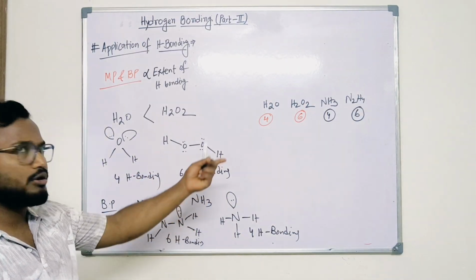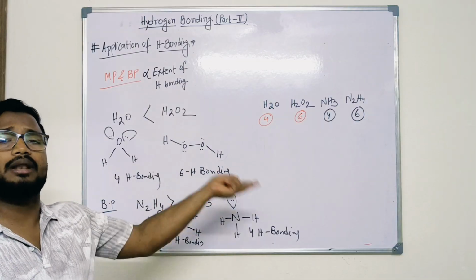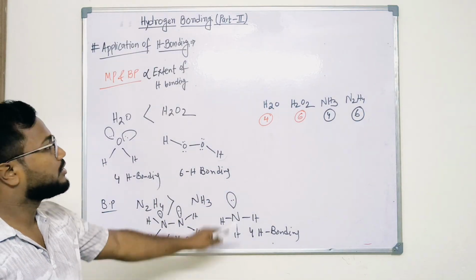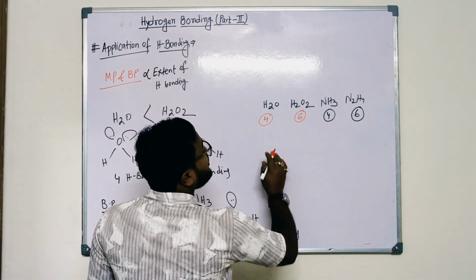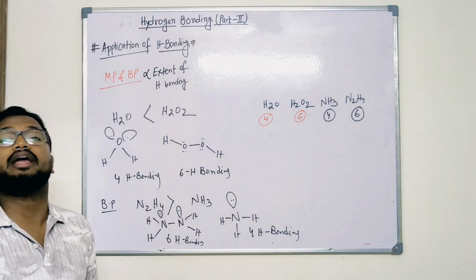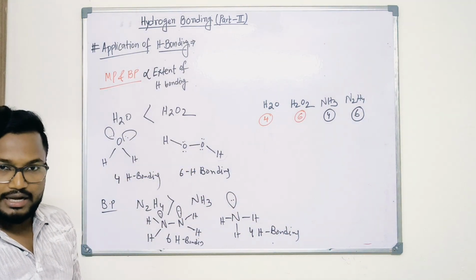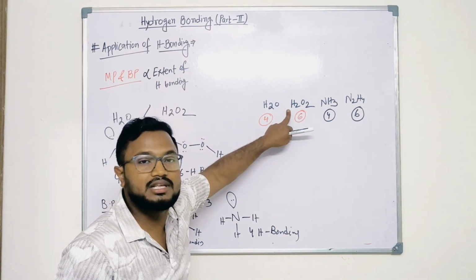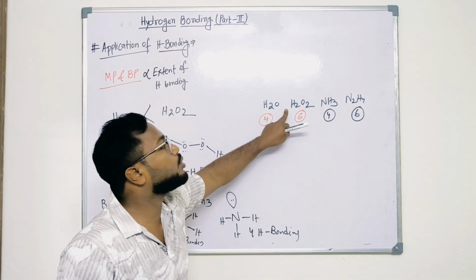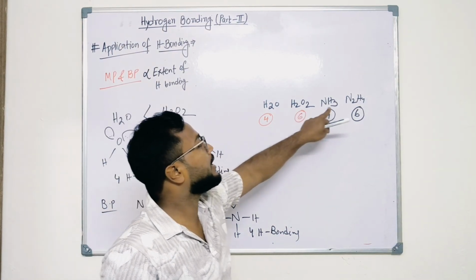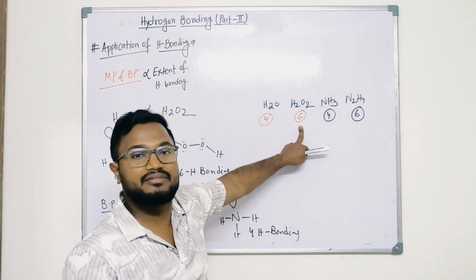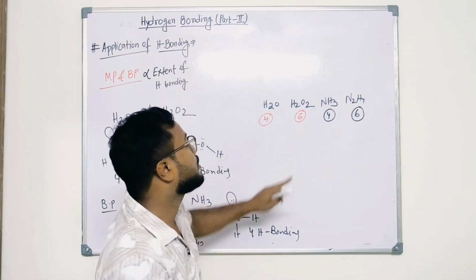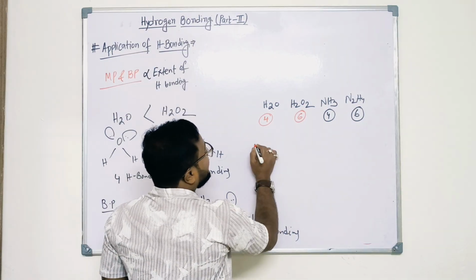Extent of hydrogen bonding you already have checked. You have counted how many hydrogen bonding is happening in the molecules. How can you answer this question? Let's see. In case of this, check the electronegativity difference in between the atoms. Here 2 oxygens are there. Here 2 oxygens are there. Here 2 nitrogens are there. As a result, oxygen is going to have highest boiling point or melting point, you can consider.